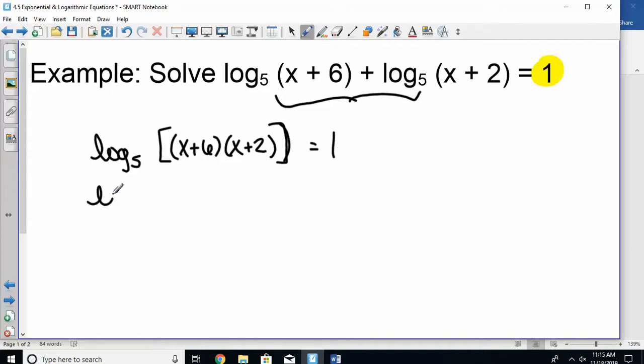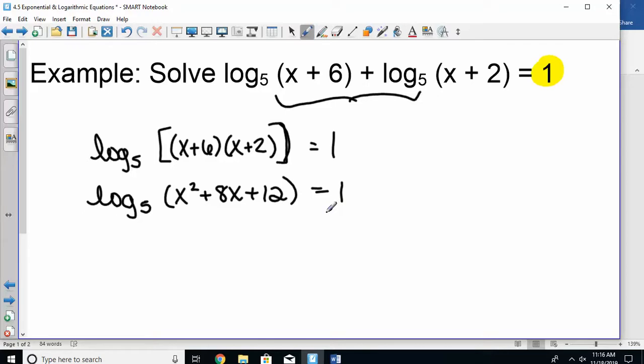So you're welcome to go ahead and FOIL that out. Okay. So now, I only have a log on one side, so I can't just drop it.